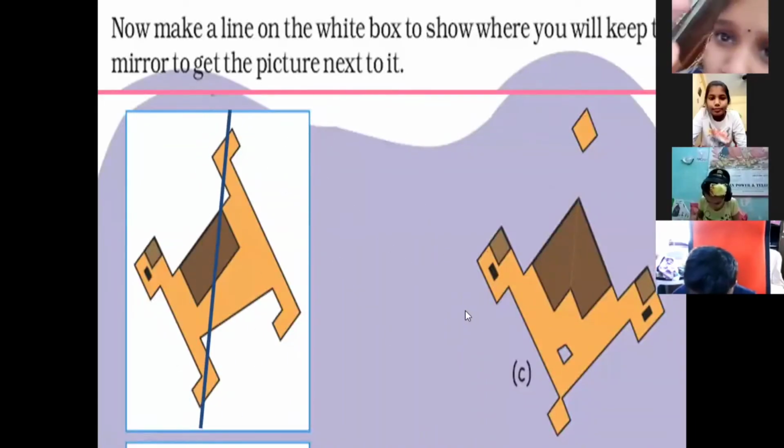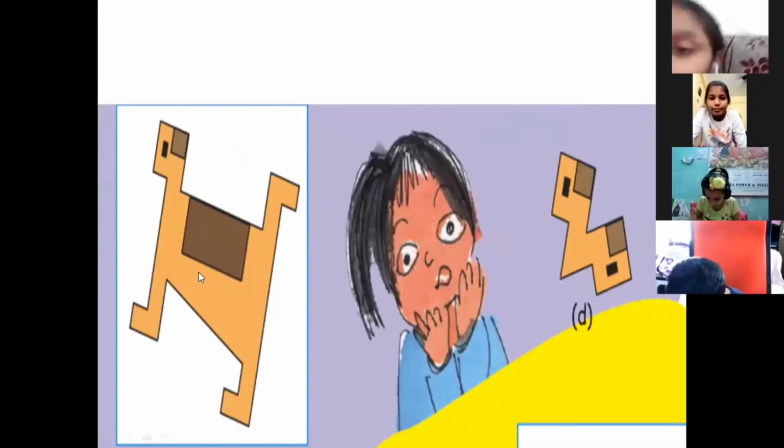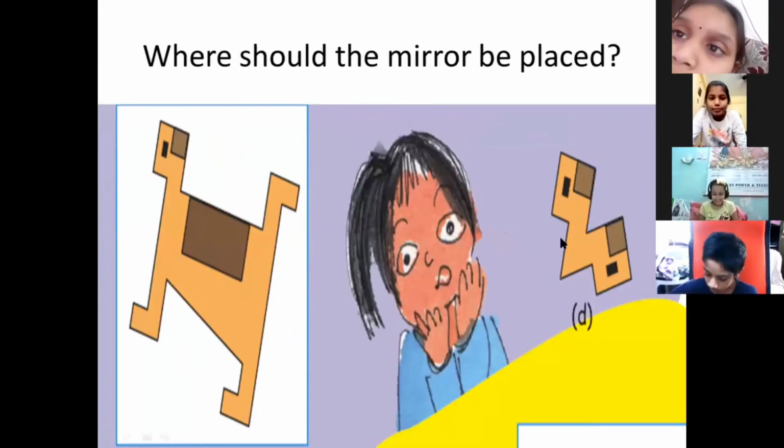Okay, now look at the second picture here. We have to draw the dotted line. Now, where do we have to place the mirror to get the picture D?